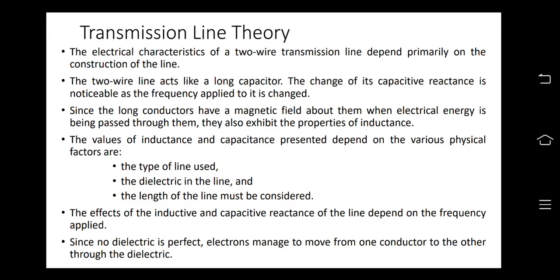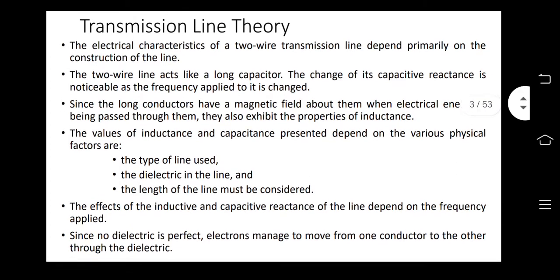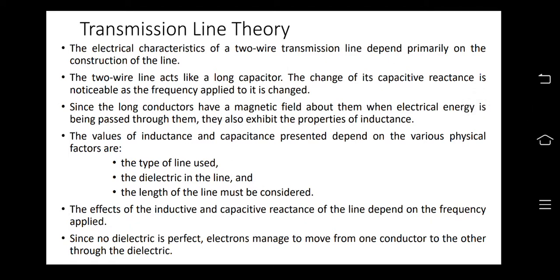The values of inductance and capacitance presented depend on various physical factors. The type of line used, the dielectric in the line, and the length of the line must be considered. The effects of the inductive and capacitive reactance of the line depend on the frequency applied.